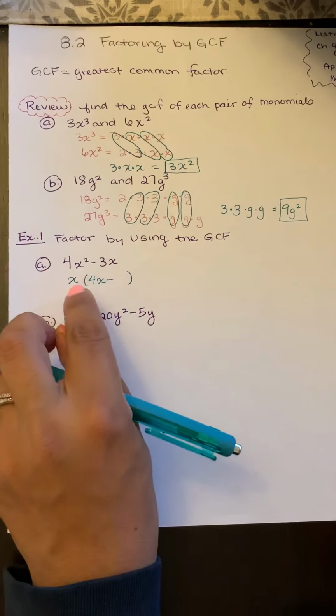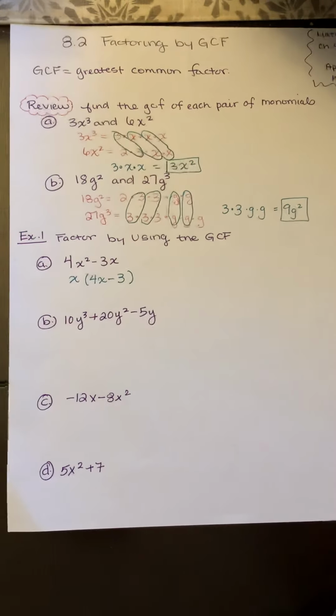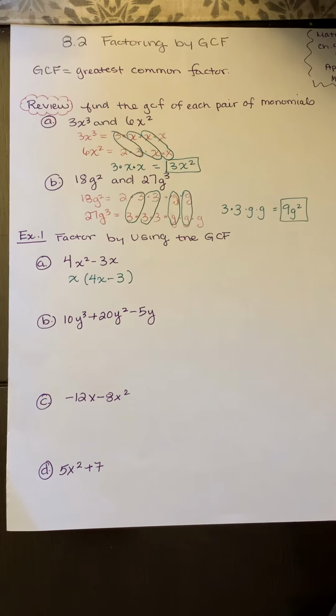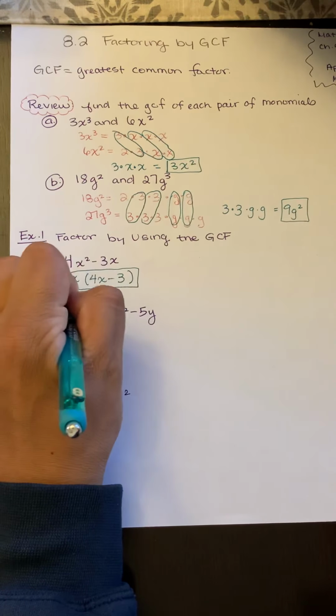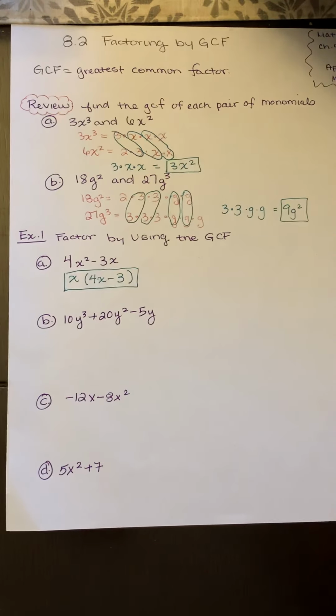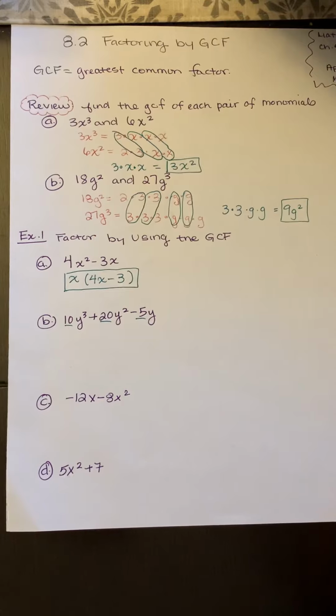And then what do I need to multiply this x by to make it negative 3x? That's right, multiply it by negative 3. There's your answer.